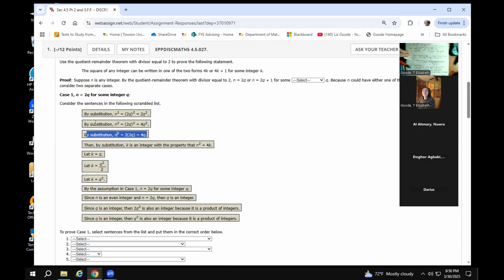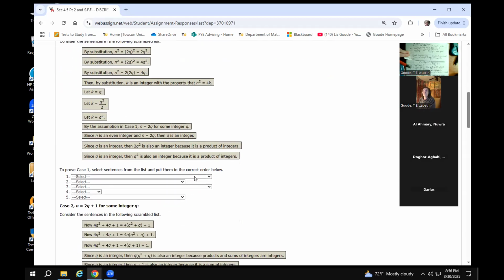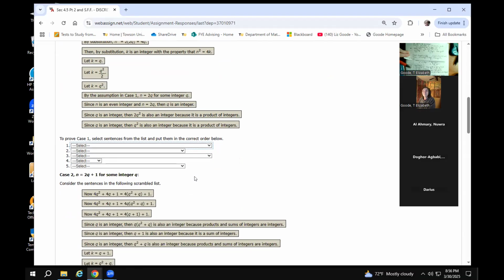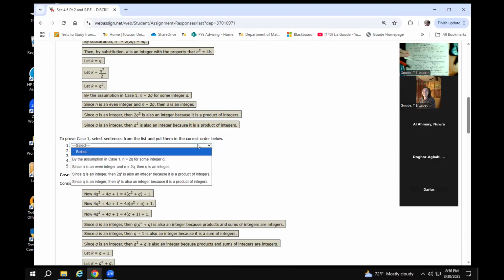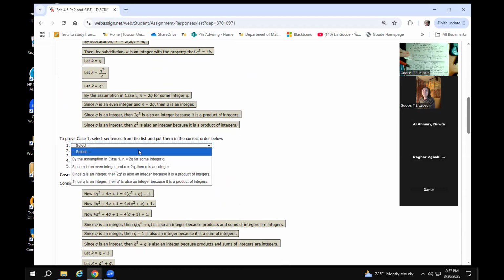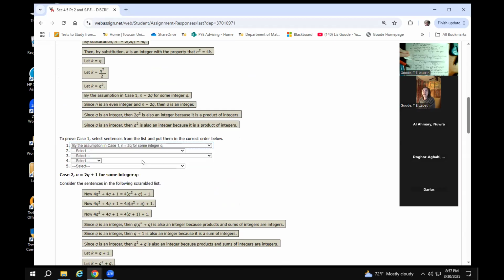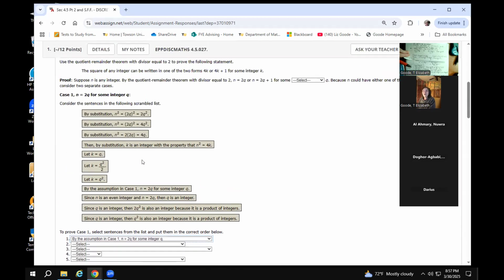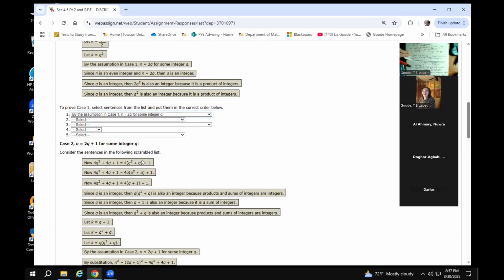One of these is going to be your first statement. Oh, no, to prove case 1, we do have to pick the hypothesis. We do have to say that n is equal to 2q. So I was wrong about that. I'm glad I looked. So they want us to give the correct hypothesis for the case. That's good. I'm glad they did.